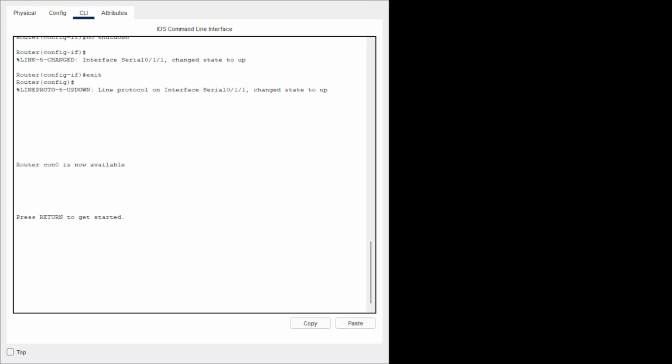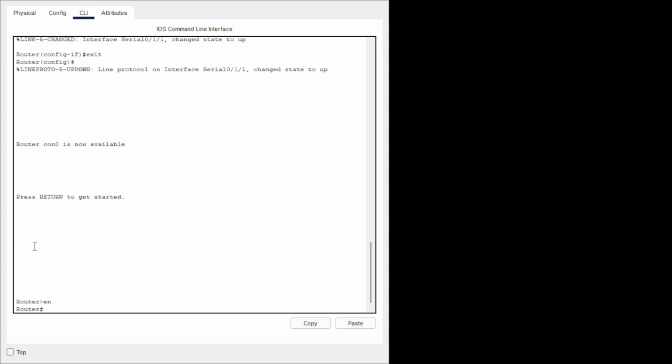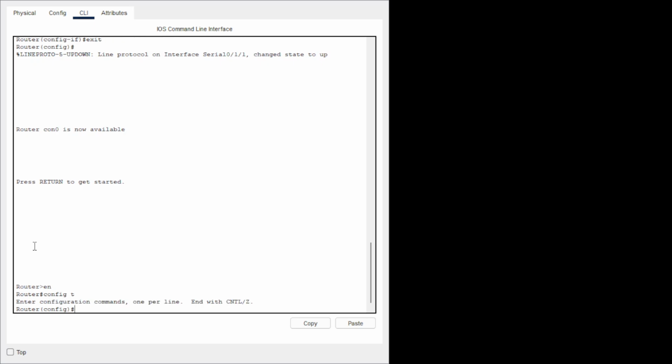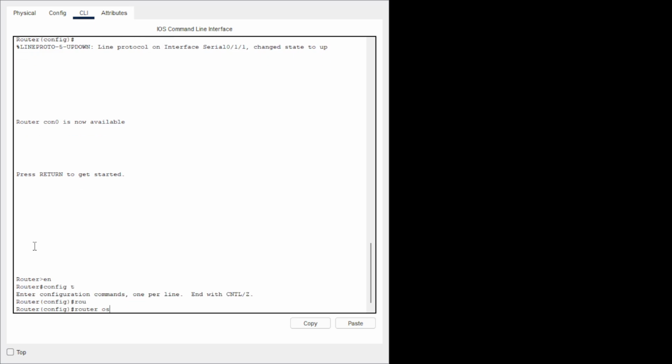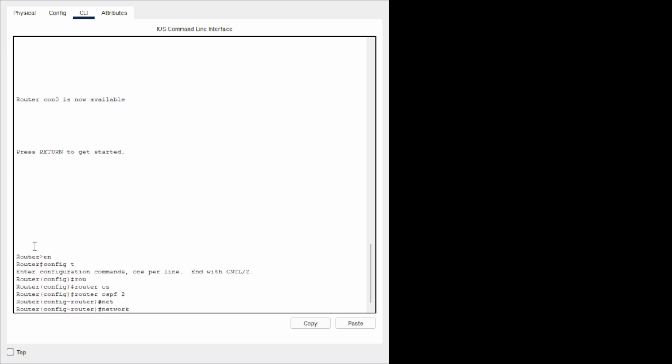Let me define this router 4, R4. Okay, so router 4 is open. So here we have to configure the router first. OSPF, let's set process ID 2.